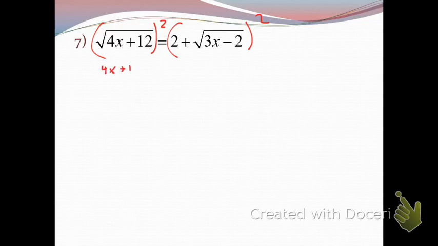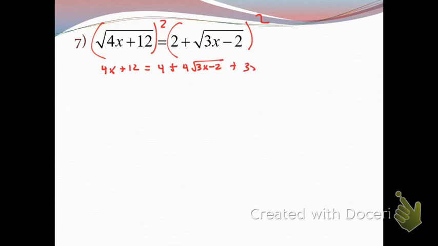4x plus 12 equals, okay, this is a binomial squared. Here's what I'm going to do. What's 2 squared? 4 plus this times 2 would give me 4 square root of 3x minus 2 plus what?